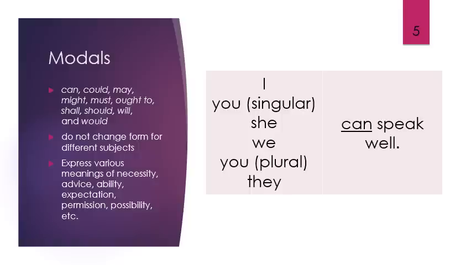The moment I change from I to you, and you here being singular, because for a single person also we are using you, and for plural entities also we are using you. So you can speak well. If we have he or she, he can speak well. We can speak well. You, if in plural, also it will be you can speak well, and similarly they can speak well.